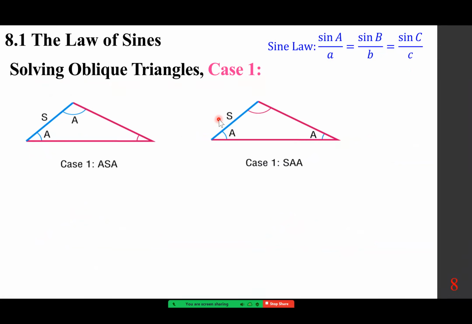One side and two angles results in one unique solution. So we have a unique solution, and therefore just one unique triangle.